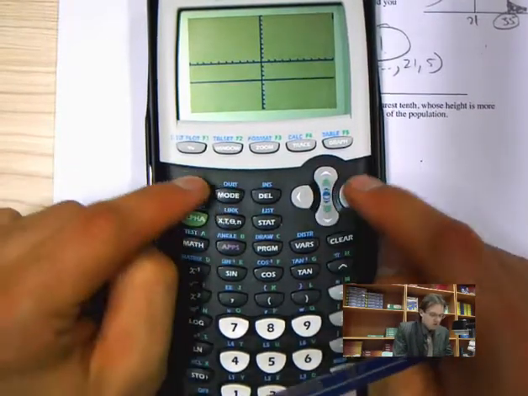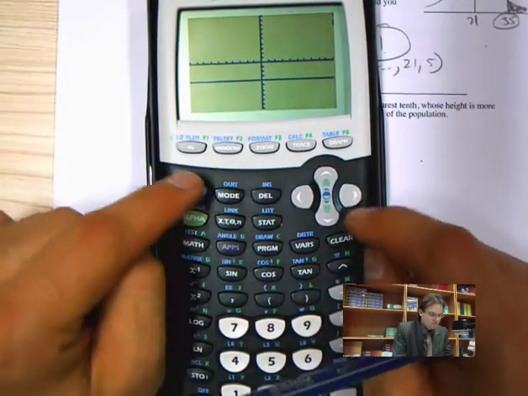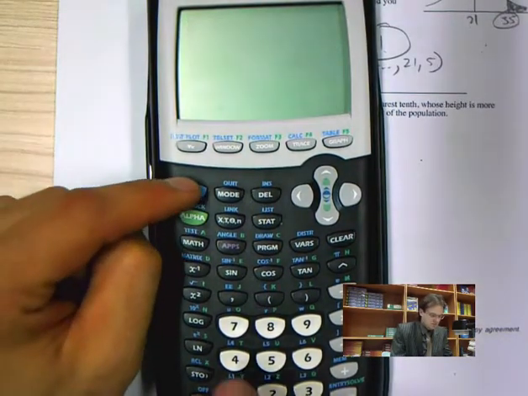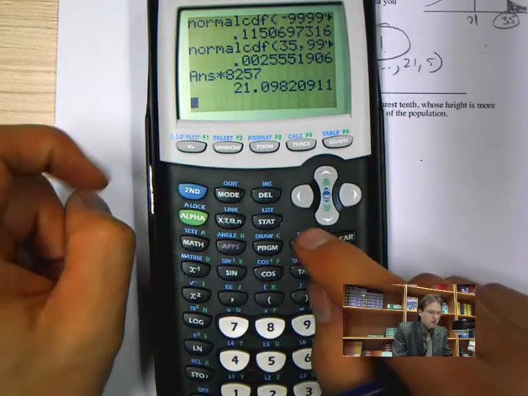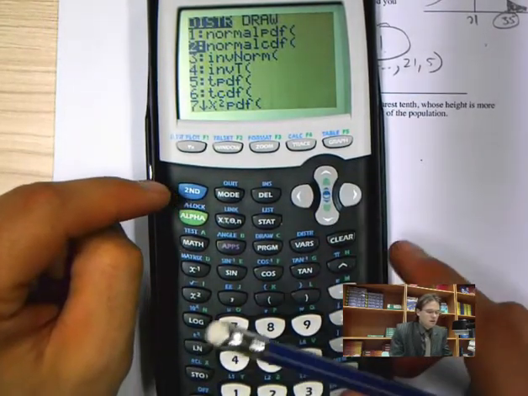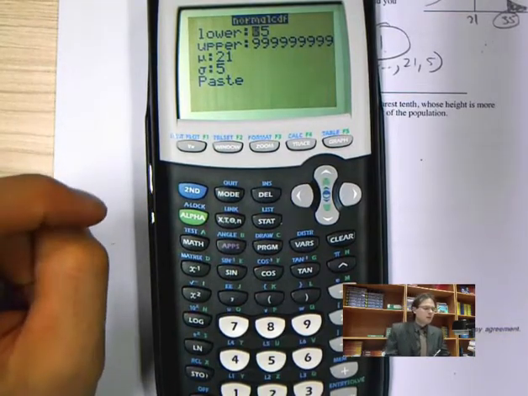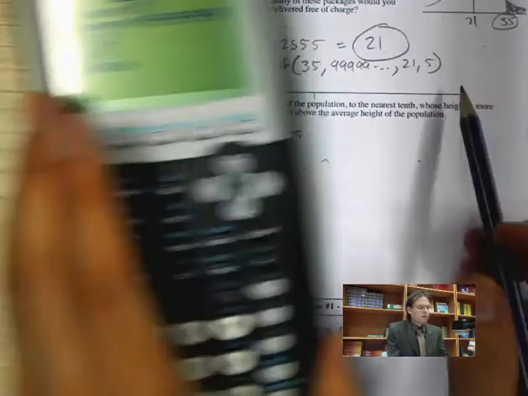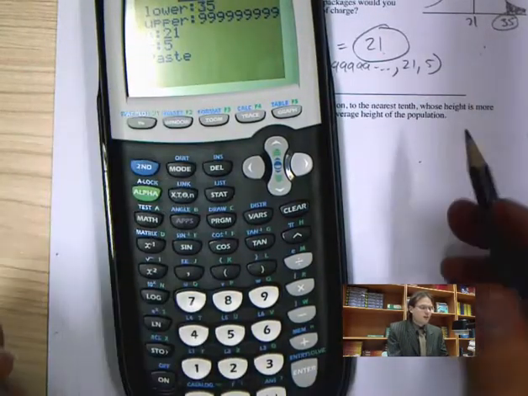So for this one here, oops, I didn't want to graph. So I'm going to go to my distribution again. Go right here, enter. Okay, so we want everything that is above 1 standard deviation.